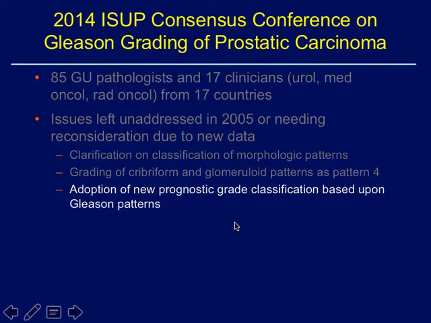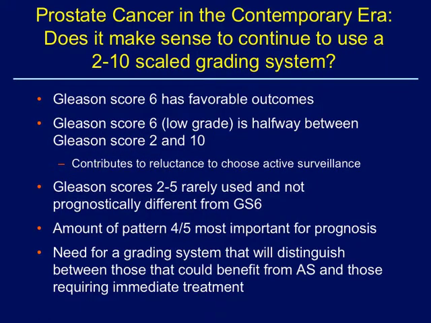Now, more controversial is what we did here, and that was the attempt to get a new prognostic grade classification, still based upon the Gleason patterns, but that meant more to patients and clinicians. Here, the concept is really this. In today's era, does it really make sense to still use a Gleason scoring system that ranges from 2 to 10?